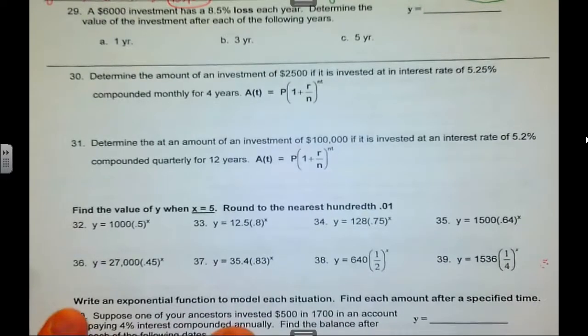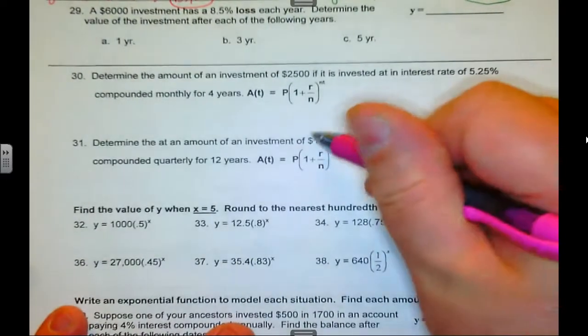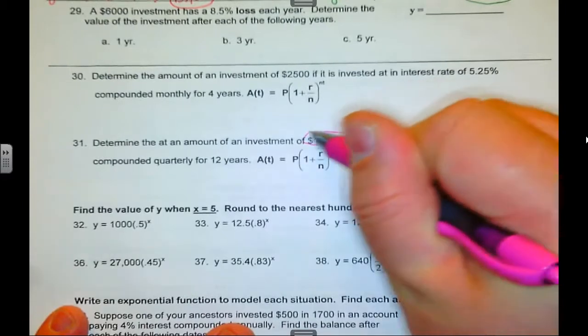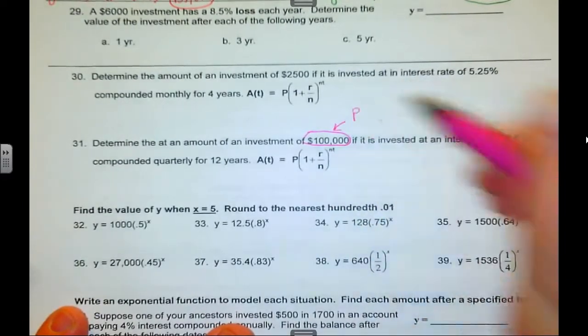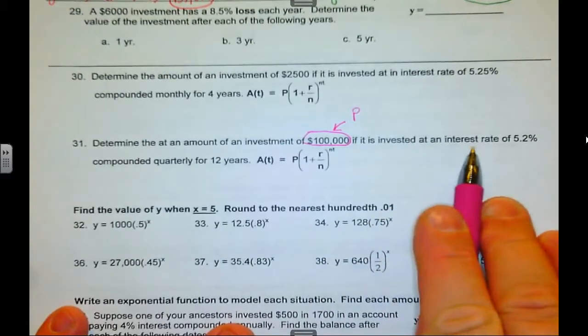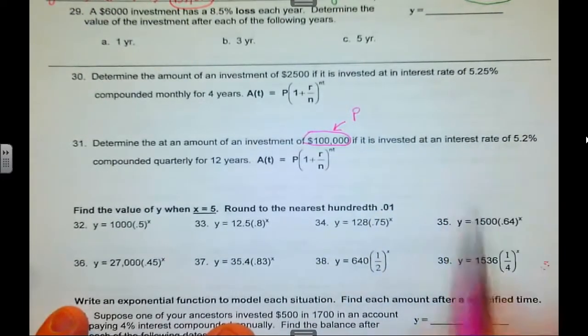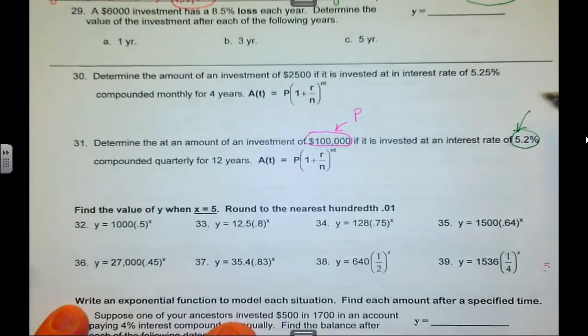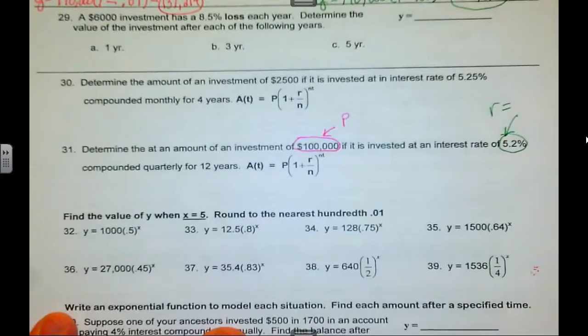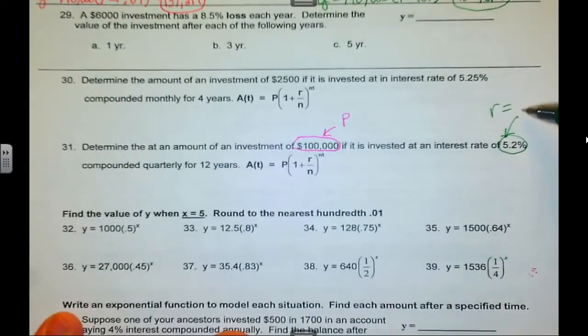So what do you think that is? 100,000. It's my P. If it is invested at an interest rate of 5.2%, so what's my R? As a decimal. 0.052. Move it over 2 spots.